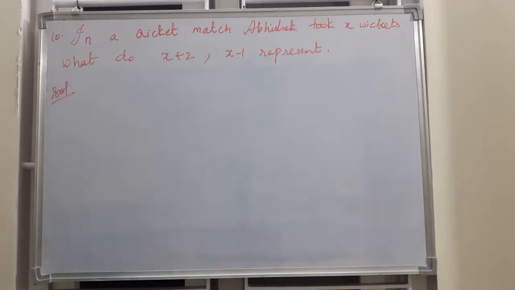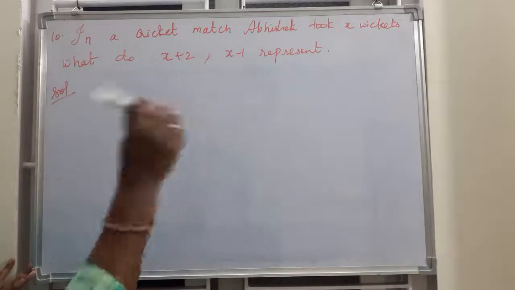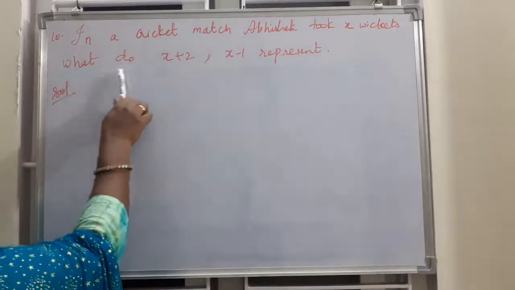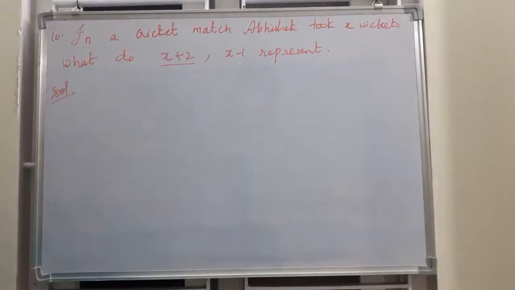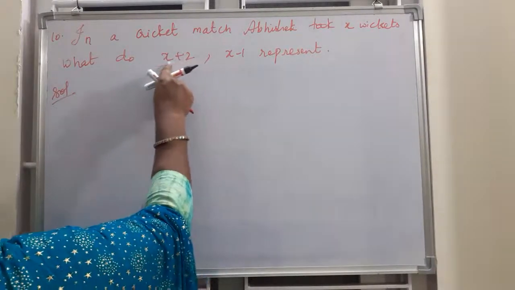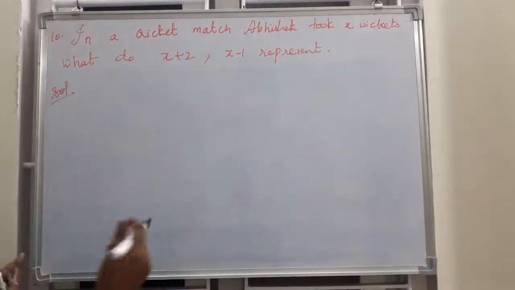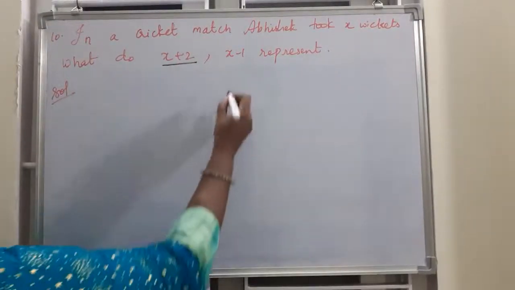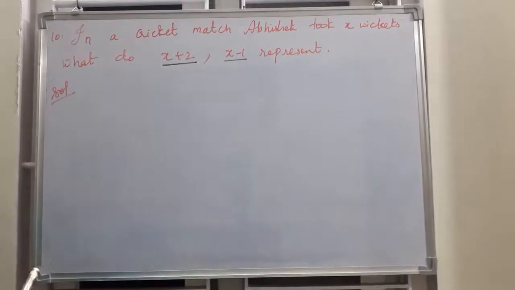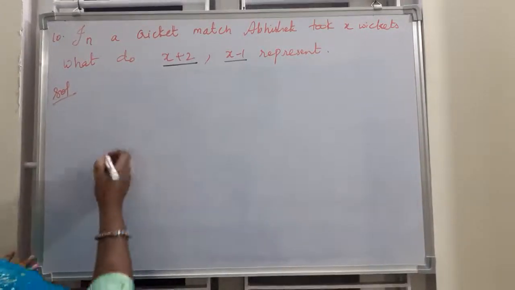Here Abhishek is maybe a bowler and he took x wickets. So x plus 2 means 2 wickets more than Abhishek, and x minus 1 means 1 wicket less than Abhishek. That same thing you write as statements.